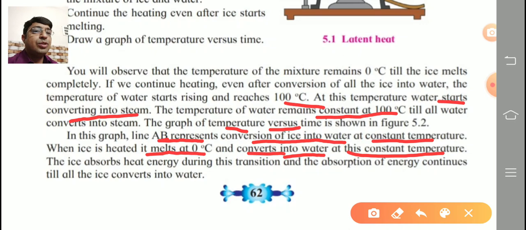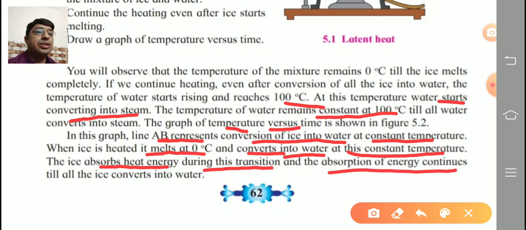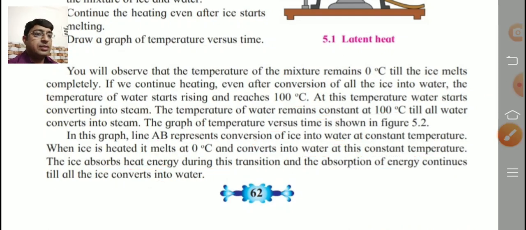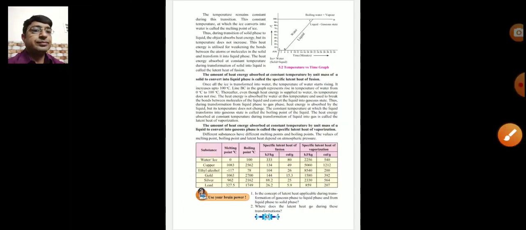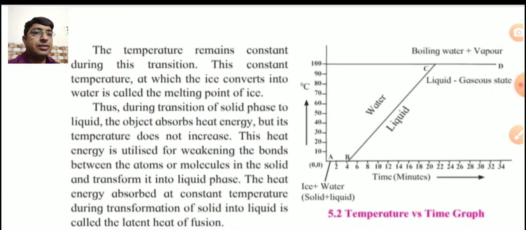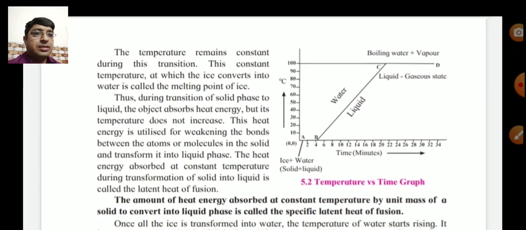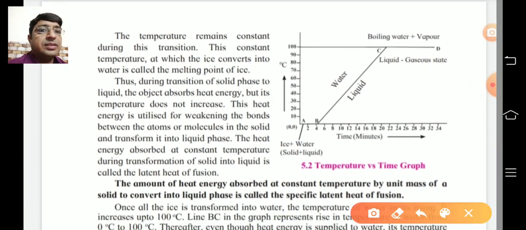The ice absorbs heat energy during this transition and the absorption of energy continues till all the ice converts into water. See in the graph and the next explanation. Check here. This line AB indicates the ice converting into water.